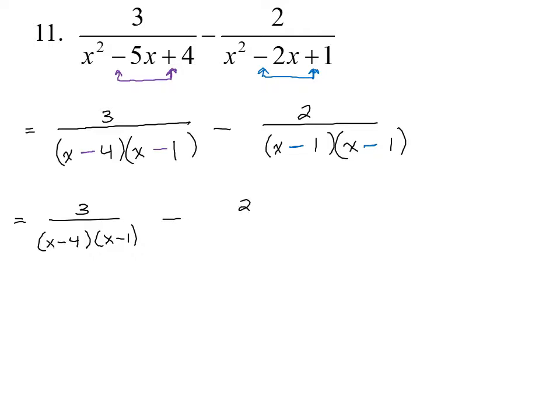And I really have 2 over x minus 1 squared. And so my common denominator is the highest number of terms that I have. So I have an x minus 4, but my higher power would be x minus 1 squared. So when I do my common denominator, I'll have an x minus 4 and an x minus 1 squared.